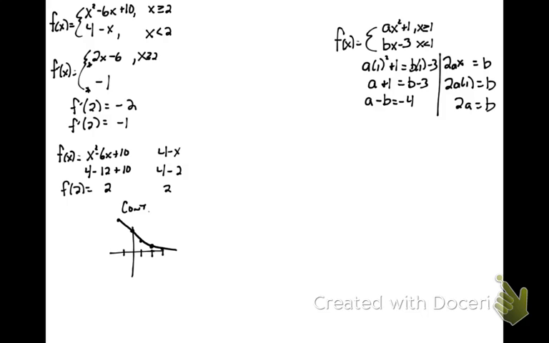Using these two equations, I can solve for a and b, because b must equal 2a, so a minus 2a should equal negative 4, or negative a should equal negative 4, or a should equal 4, and if a equals 4, then b should equal 8.